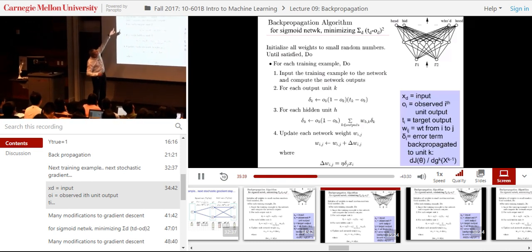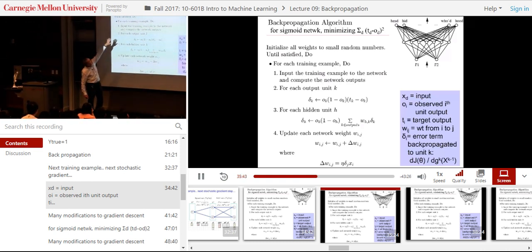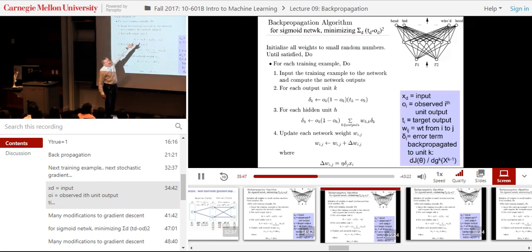So this, as the title says, is the algorithm for a 2-layer, fully connected sigmoid unit network where we're trying to minimize the sum of squared errors. Here, instead of treating the output as a probability, which we did in the example we just went through, we're treating it as a regression problem where t is some real valued target output.